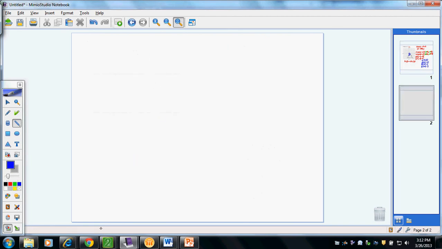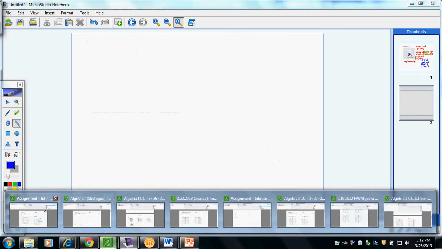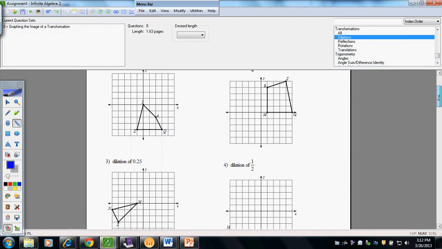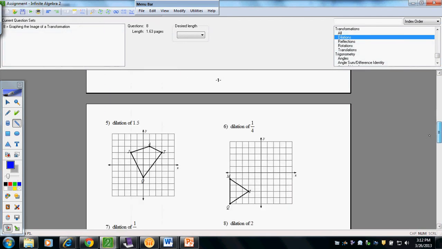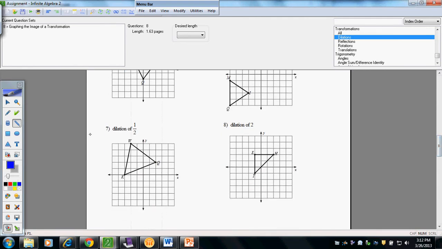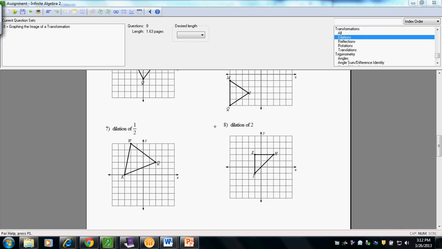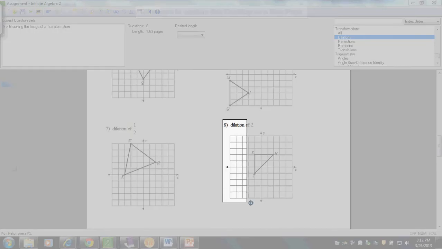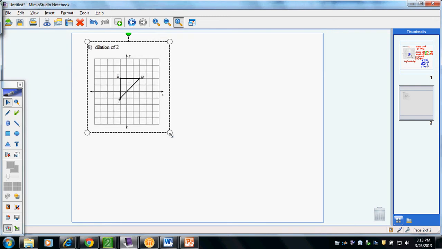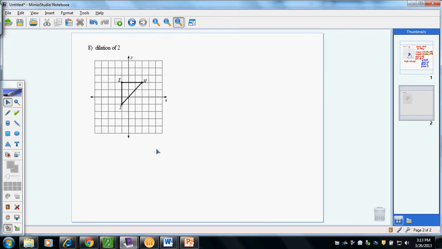So let's look at one that we will be expanding on. Okay, so let's look at number 8. Same thing. We're going to extract our points.